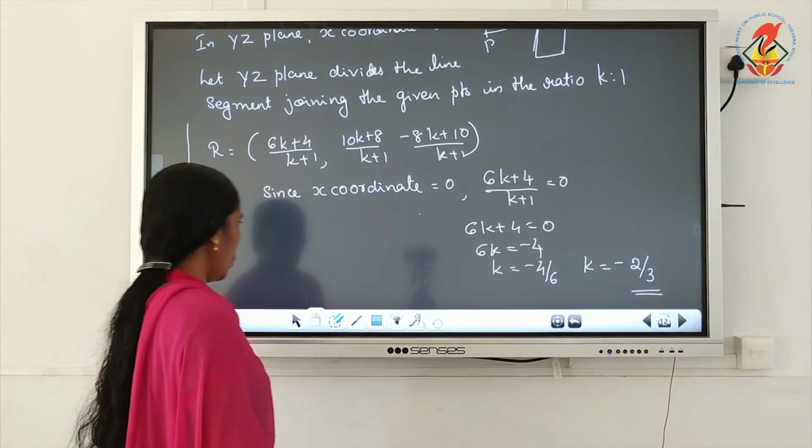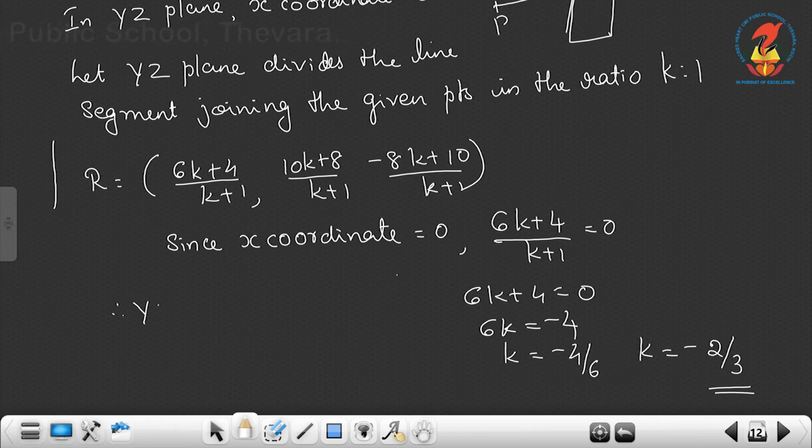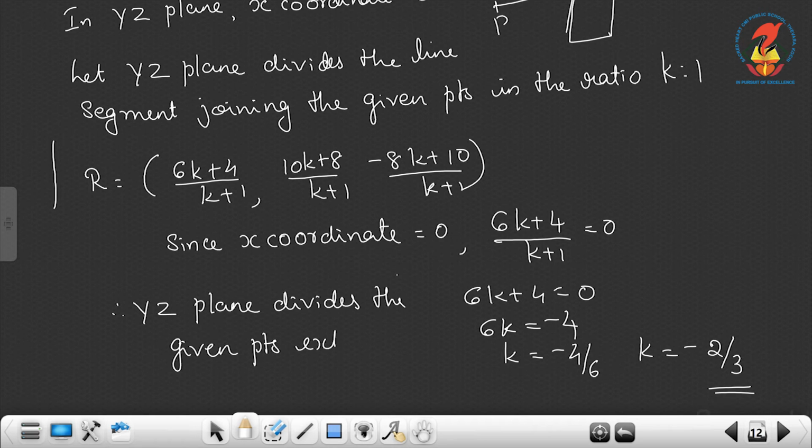So we can conclude, therefore, YZ plane divides the given points externally in the ratio, here k is minus 2 by 3.